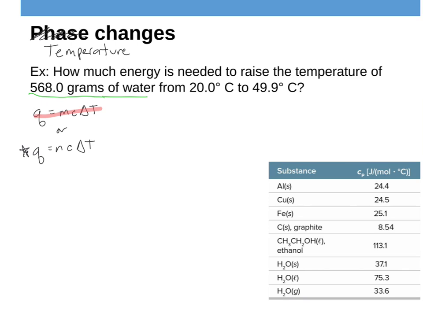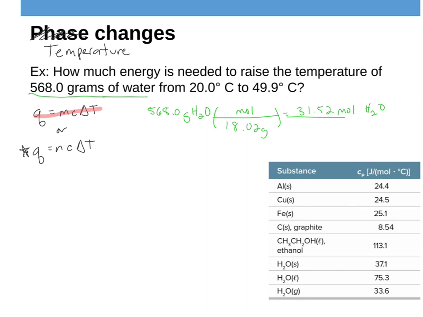So I just need to turn my 568.0 grams of water into moles. So I've got 18.02-ish, and that will give me 31.52 moles of H2O. So that's what I get to use here, right?